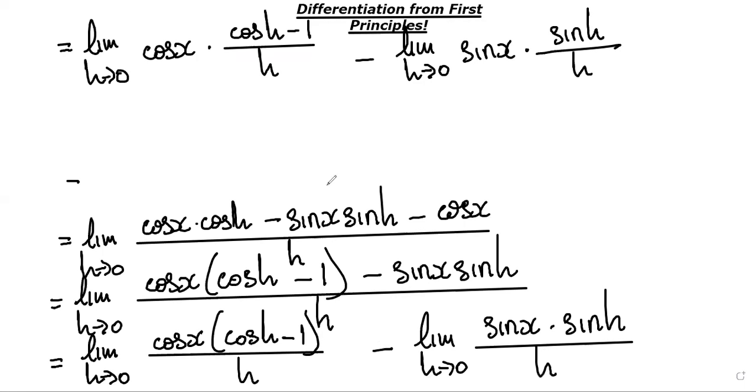Fine stuff. And at this point, I can see that I actually have a limit of a product of two functions. So according to the limit laws, this will just be the product of the limits of these two functions.